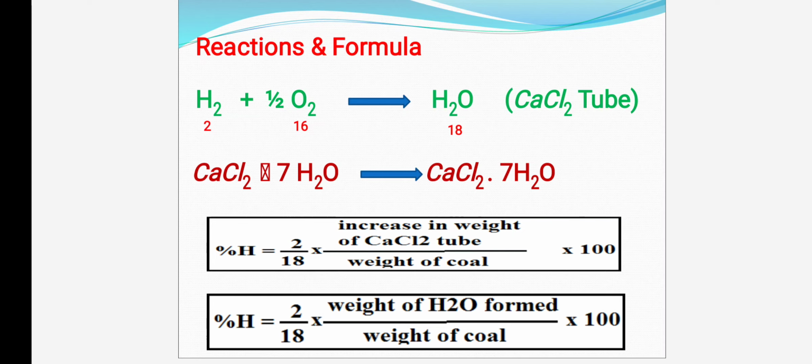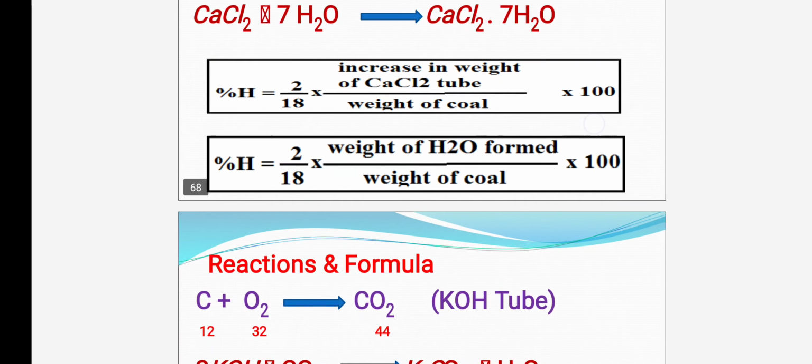It is increased due to the weight of H2O absorbed, divided by the weight of coal sample, multiplied by 100. So the formula is very simple: 2 divided by 18, times the weight of H2O formed, divided by the weight of coal, multiplied by 100. By using this formula, you can find percent hydrogen.